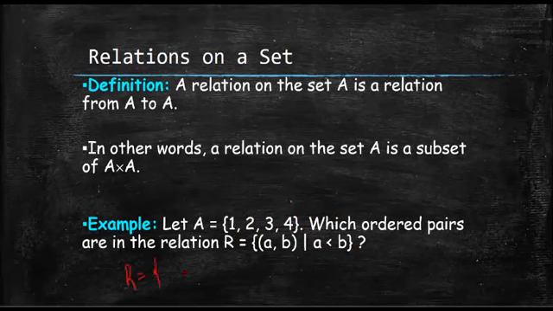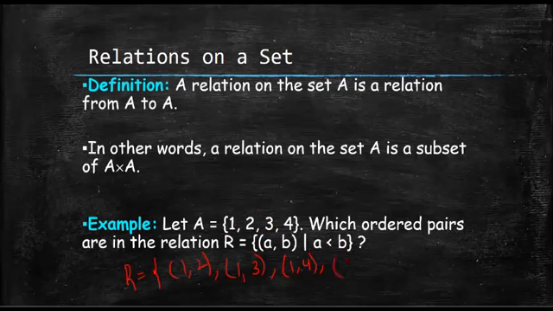(1, 2): 1 is less than 2, so yes. (1, 1), no, we can't write (1, 1) because 1 is not less than 1. So we'll begin the relation with (1, 2). (1, 3) is also valid, and (1, 4). Then (2, 1) is not valid and also not (2, 2). Then we will write (2, 3), (2, 4), and then (3, 1), (3, 2), (3, 3), all of these are not valid. (3, 4) is valid, and then (4, 1) till (4, 4) are not valid.